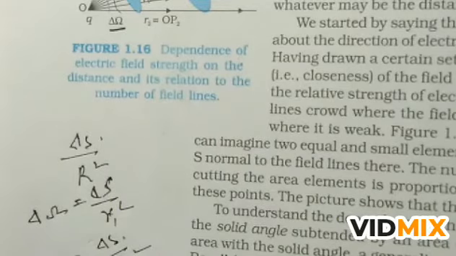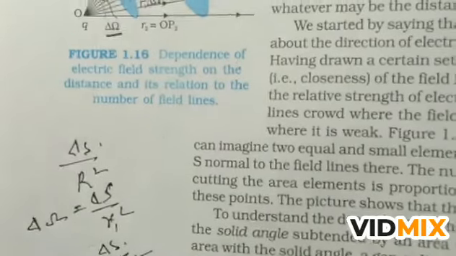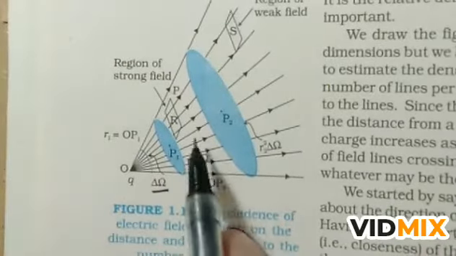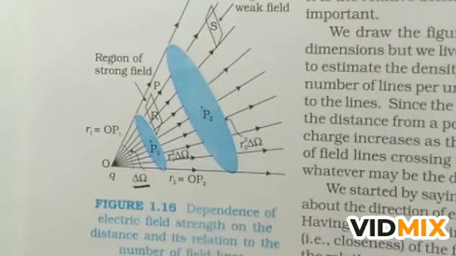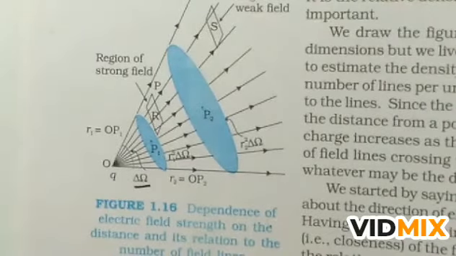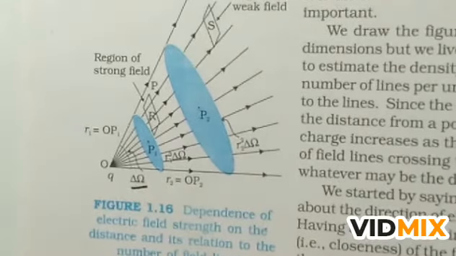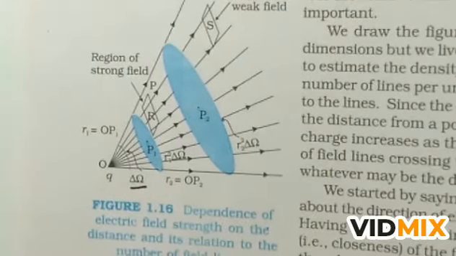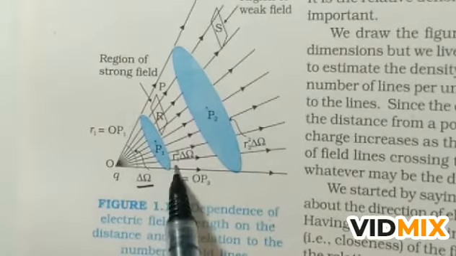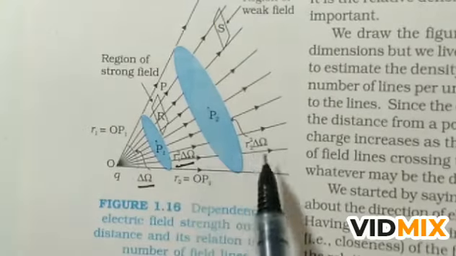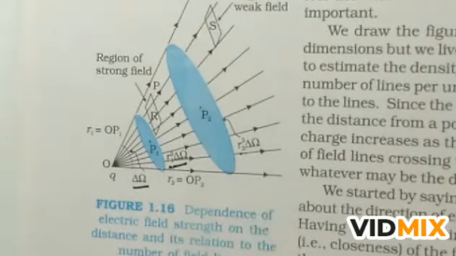Now the 2 points P1 and P2 are at distances R1 and R2 from the charge. The element of area subtending the angle delta omega we can represent by R1 square delta omega, and for this R2 square delta omega, and the number of lines passing through or cutting the area element is the same in number.